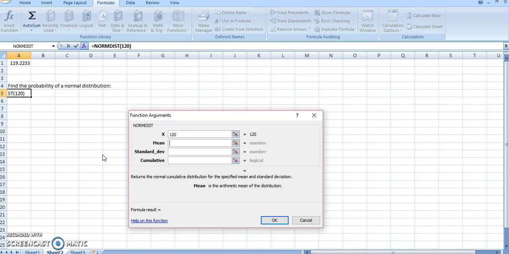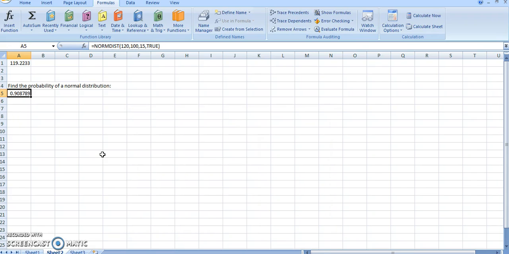It tells you that your mean is 100, that your standard deviation is 15, and for cumulative, you're going to type true. Excel, just like your tables, is cumulative from the left. So you want it to be cumulative. What's the probability that an individual has an IQ less than 120? And you get about 91%.